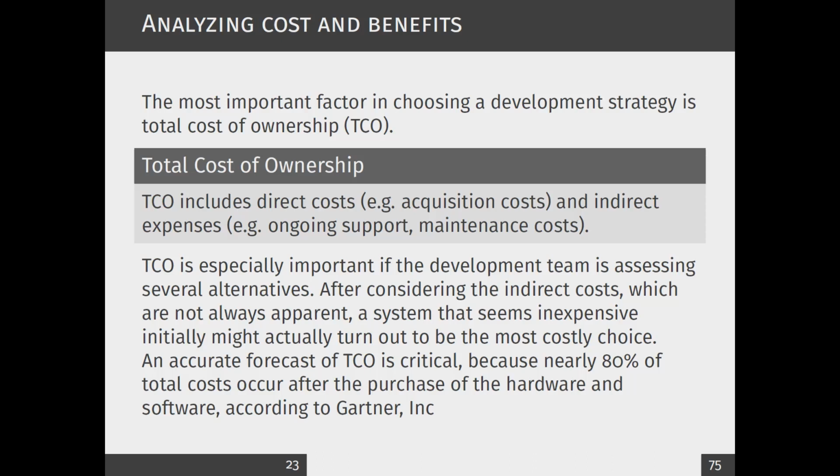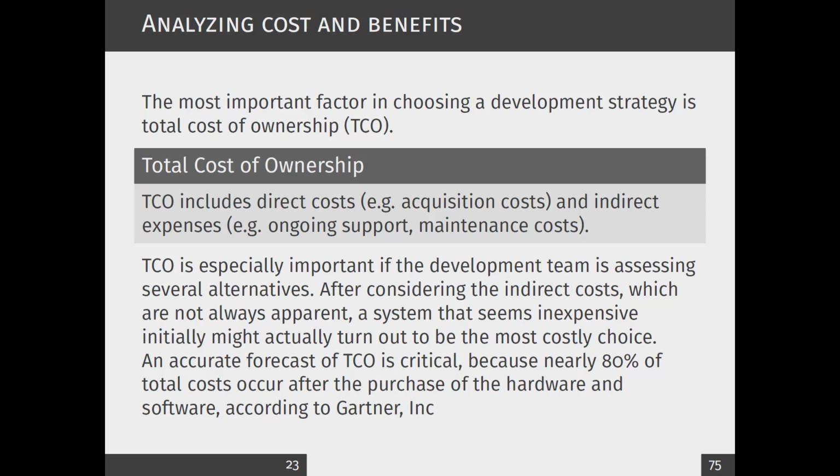So this is very, very important. If you're looking at several alternatives, let's say you have some alternative choices and you have to select one of them, we need to identify what the alternatives are and what the costs involved are. For example, there are indirect costs, which are not always apparent, and later on you figure out it's the most costly choice.